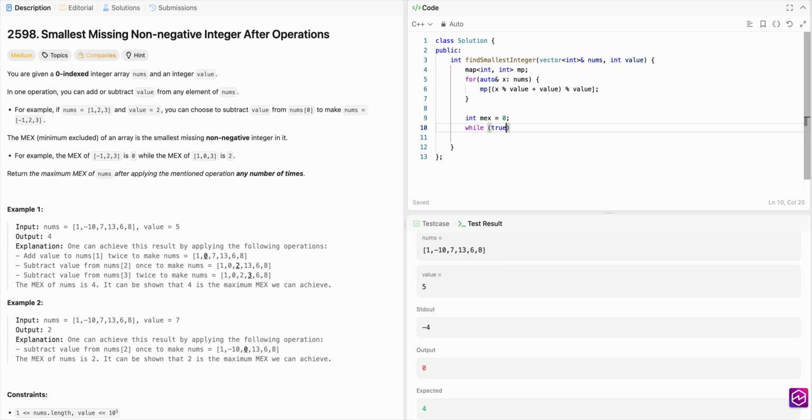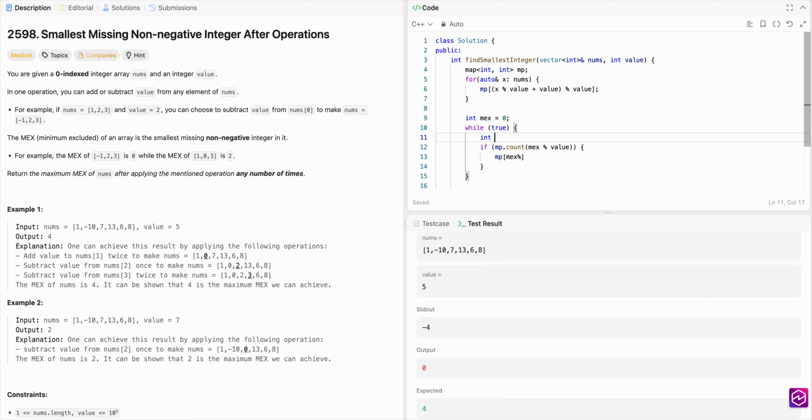So we'll just go while true, if mp.count of max modulo value, then we'll just do mp of max modulo.